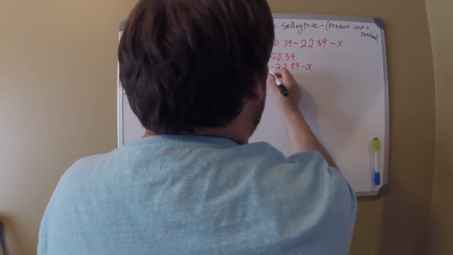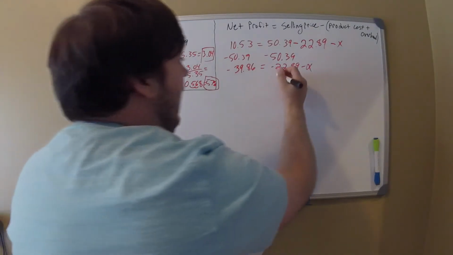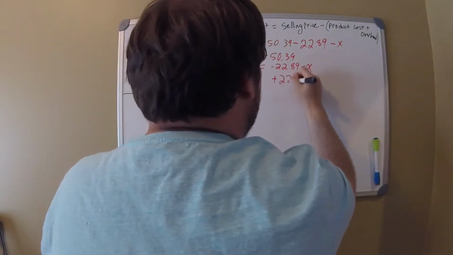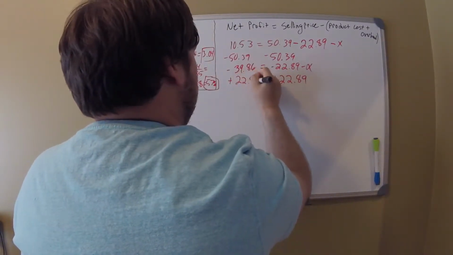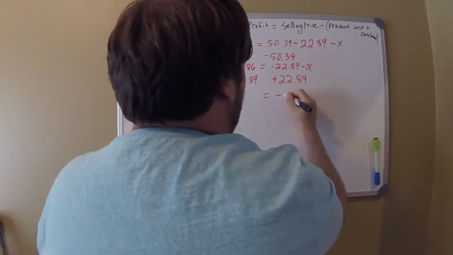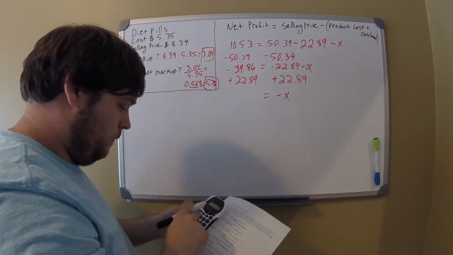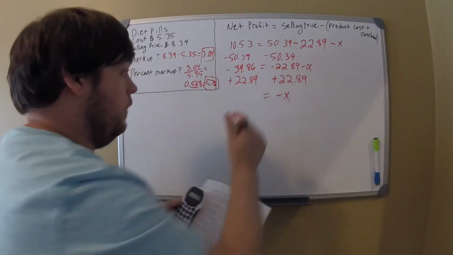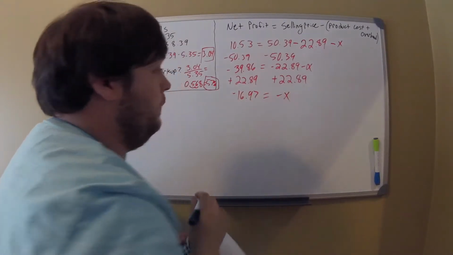And so we're going to get rid of this negative. What are you going to do? You're going to add 22.89, excuse me. So on this side we're left with negative X. And that leaves you with negative 16.97.